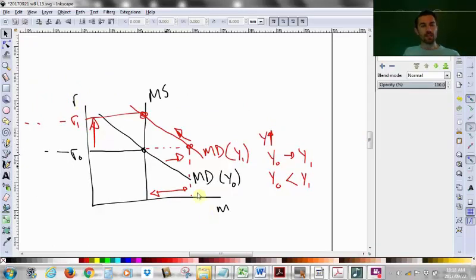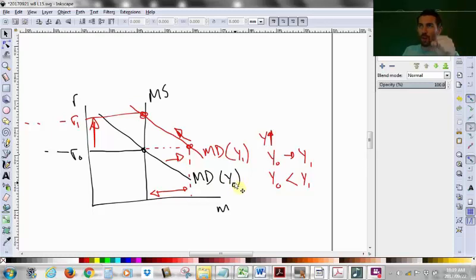Now, the money market plots interest rates against quantity of money, and with a vertical money supply curve and a downward sloping money demand curve, we know that any given level of money demand, in other words, any specific money demand relationship, is dependent in part on the amount of goods and services that we want to buy. Okay? So part of our money demand is an asset demand. Part of our money demand is a transactions demand.